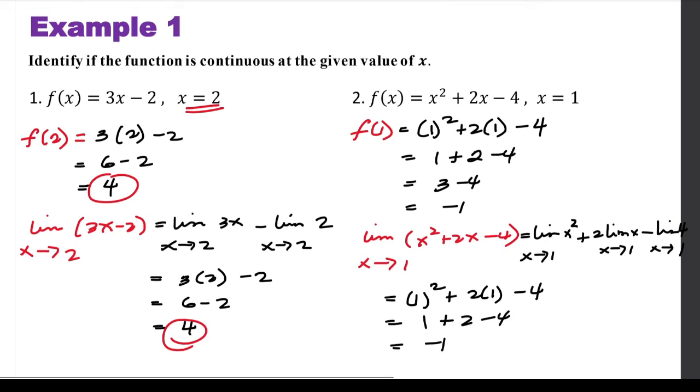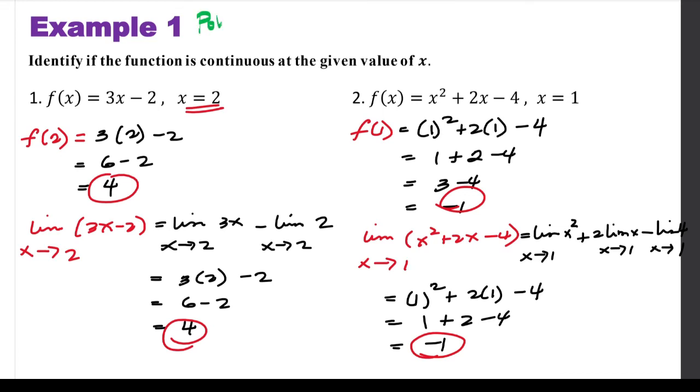So f of 1 is equal to the limit of the function as x approaches 1. Therefore, the function x squared plus 2x minus 4 is continuous at x is equal to 1. So generally speaking, if you classify the given functions, these are both polynomial functions.